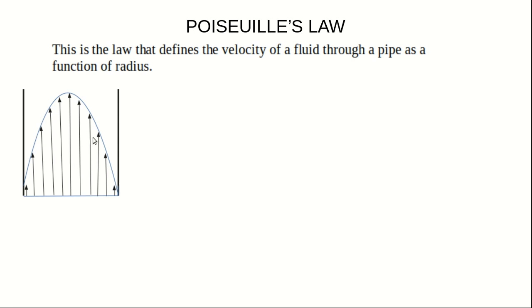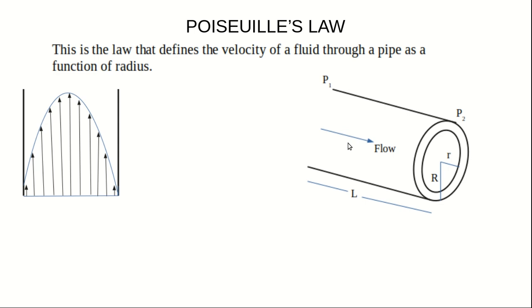In this video we want to see how we can derive the velocity as a function of the radius and other parameters. If you look at another diagram of a tube or a pipe that has a thickness, the center to the inner surface is r, while the center to the outer edge is capital R. If the fluid is flowing in this direction, it means that P1 is greater than P2.